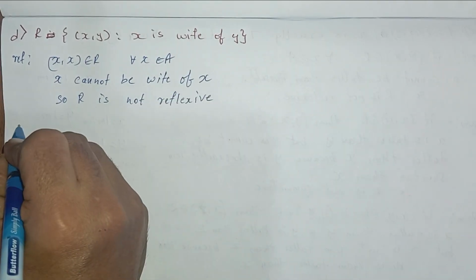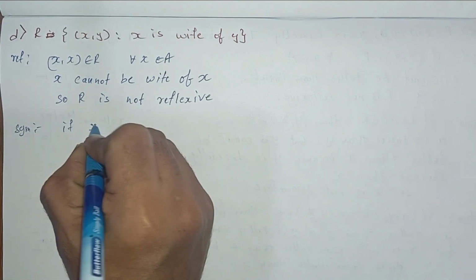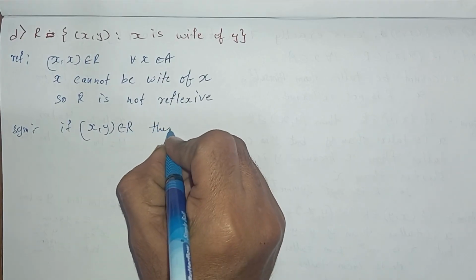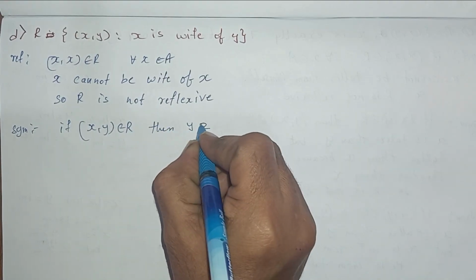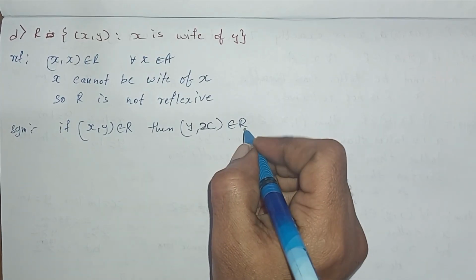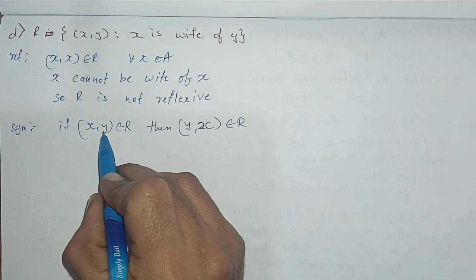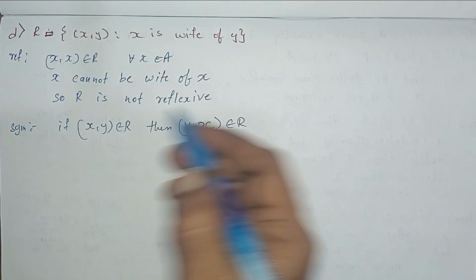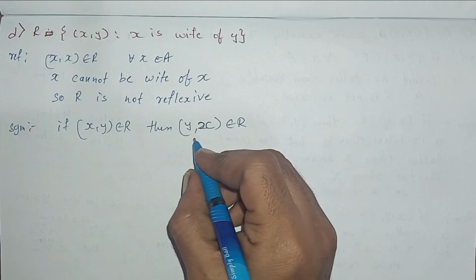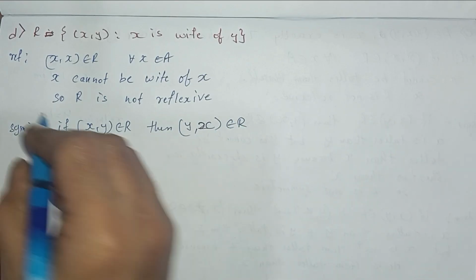Now we have to check for the symmetric. In symmetric, if x comma y belongs to R, then y comma x should also belong to R. You know that x is a wife of y, but can y be a wife of x? No, he is a husband. So he will become the husband of x. So they cannot be a wife.